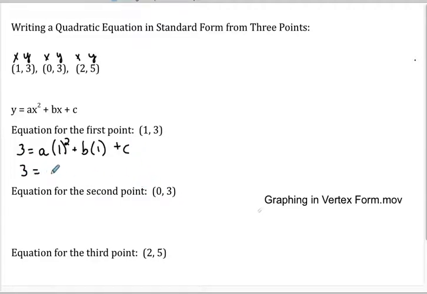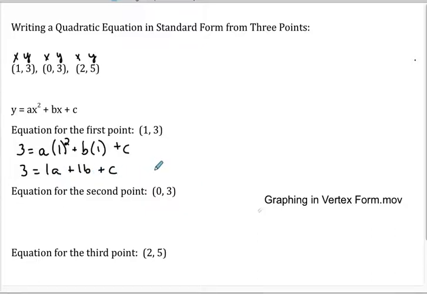So in other words, 3 is equal to 1a plus 1b plus c. Okay. Well, that's one equation, but I've got 3 unknowns.